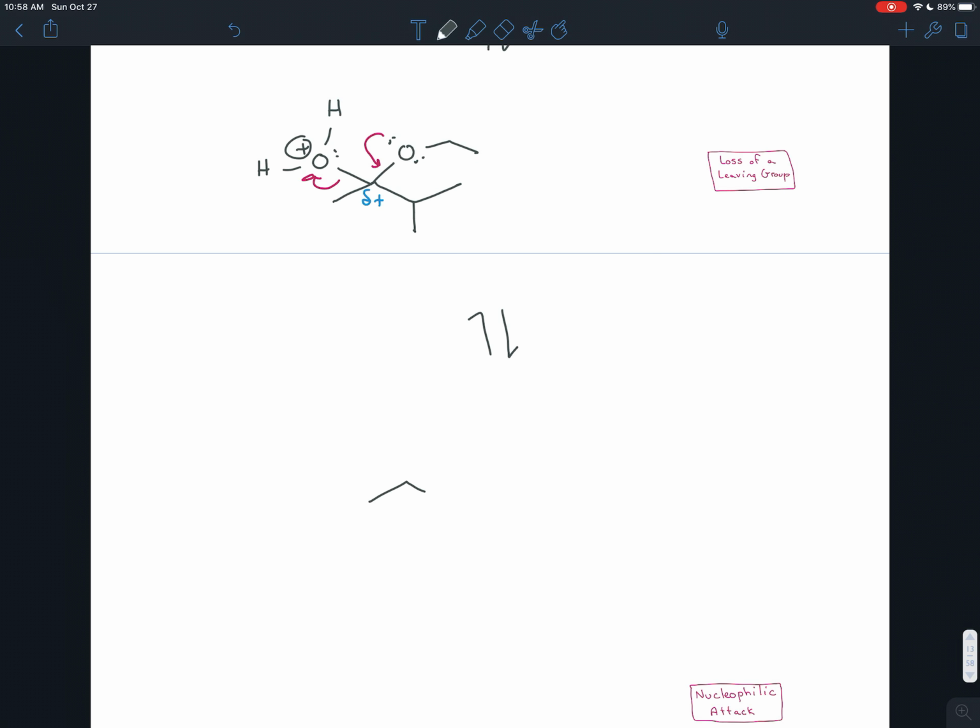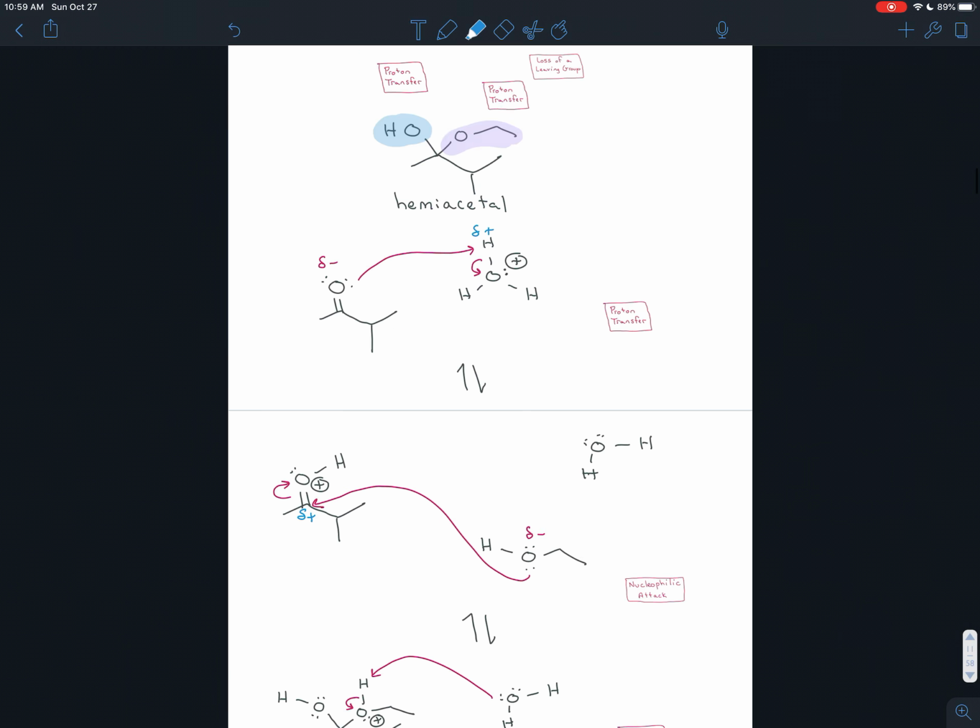So now we have this molecule, and we also have water. This turns into water, and what's left is this molecule here. Notice the similarity between that molecule and what we had toward the beginning.